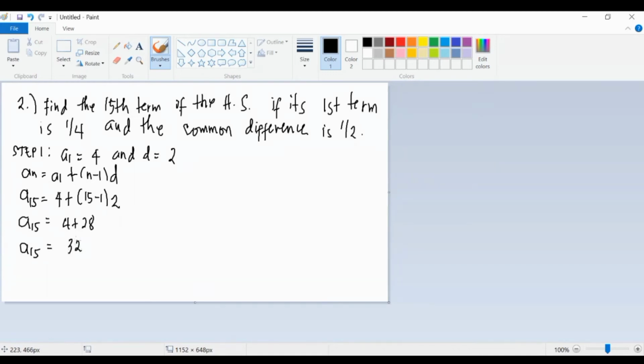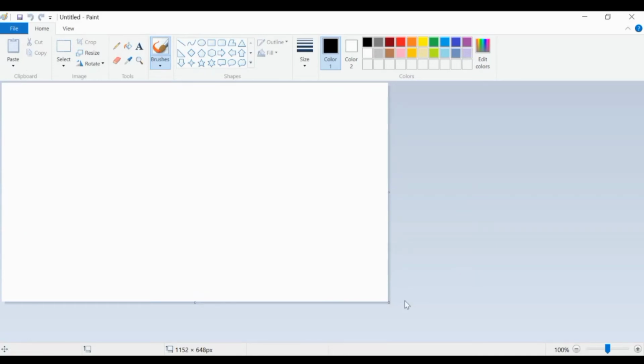Okay. Next, what is our step 2? So step 2, okay, we have step 2 here. Find the reciprocal of, okay, so let's have now our example number 3.